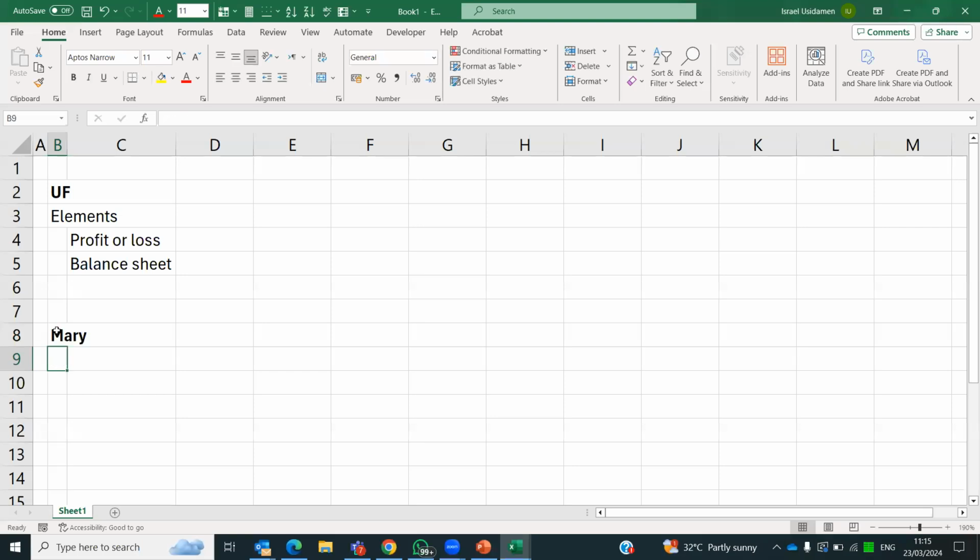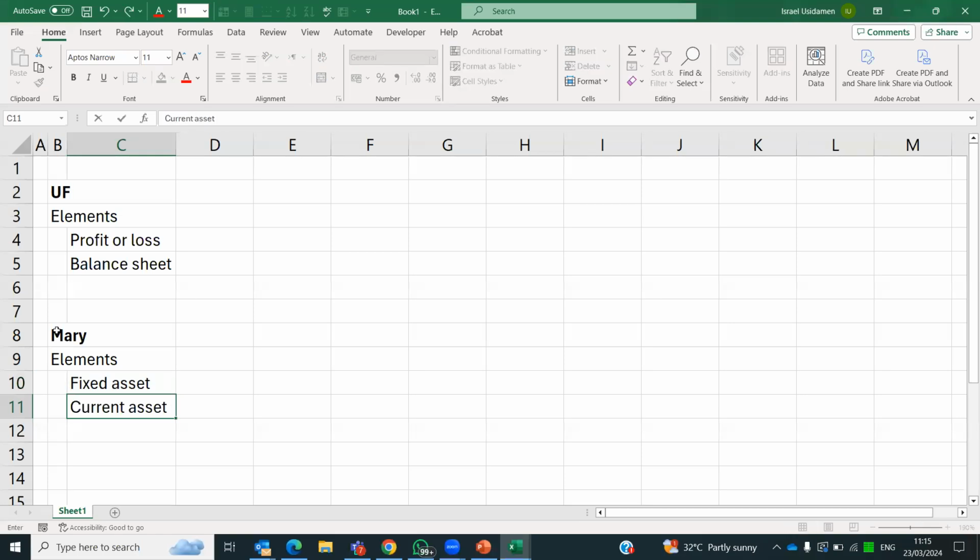Okay. I think elements of financial statement, I stand to be corrected, are those divisions of the three statements? We have the fixed assets, we have the current assets, we have the current liability.